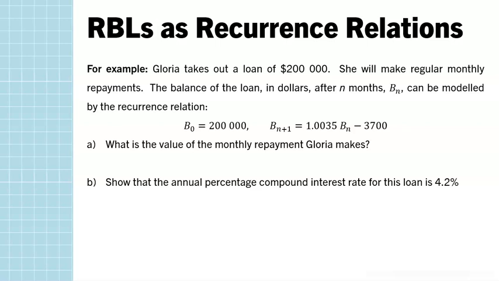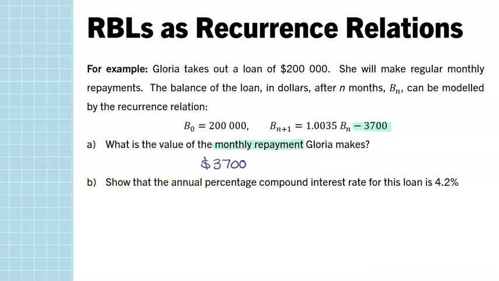Firstly, we're asked, what is the value of the monthly repayment that Gloria makes? In this context, remember the constant amount that we are subtracting is our monthly repayment or our regular repayment. And so here we have $3,700 as the monthly repayment for Gloria.